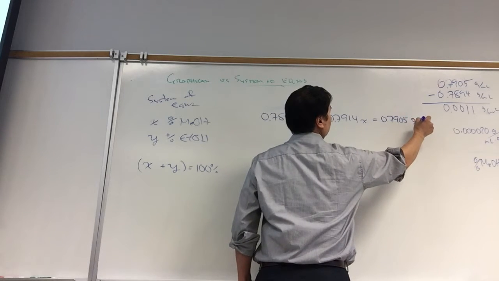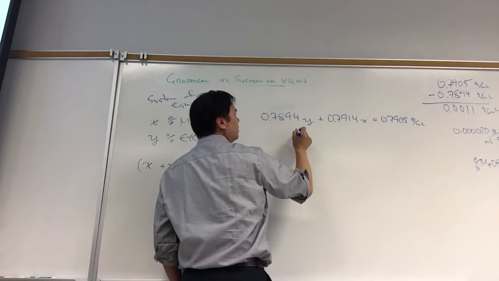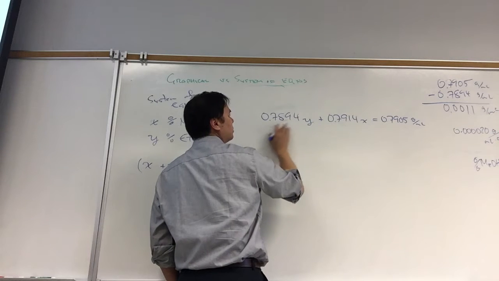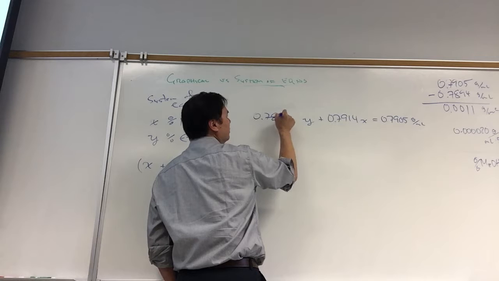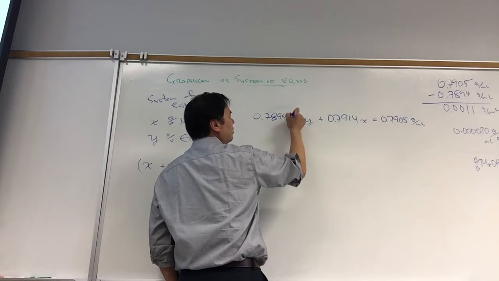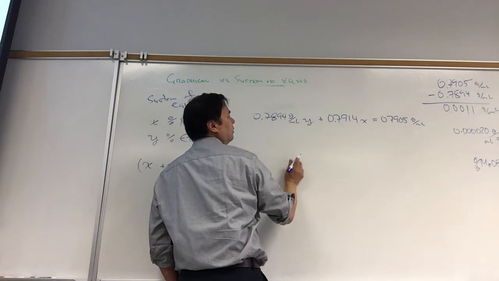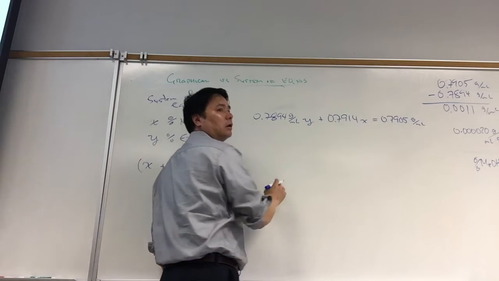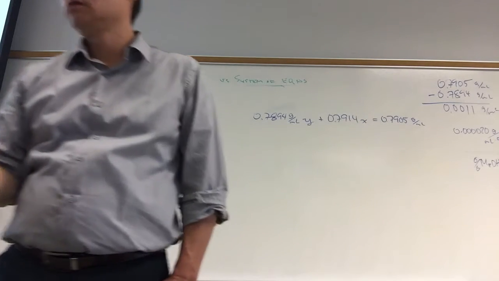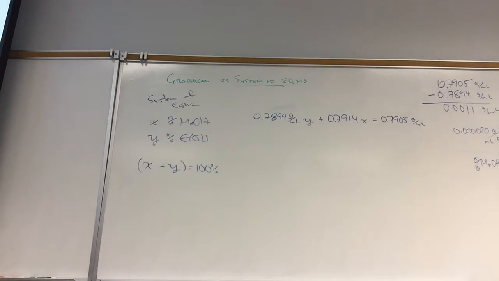Okay, grams per milliliter. Okay, so let's put in some units here. Make sure the units work out. Unless, do you want to modify this a little bit? This is grams per milliliter. What are the units for y? Percent. And so we get grams per milliliter times percent, so fix it.